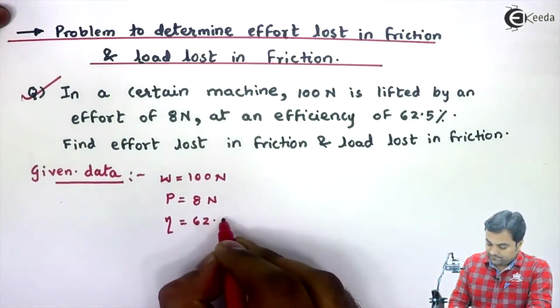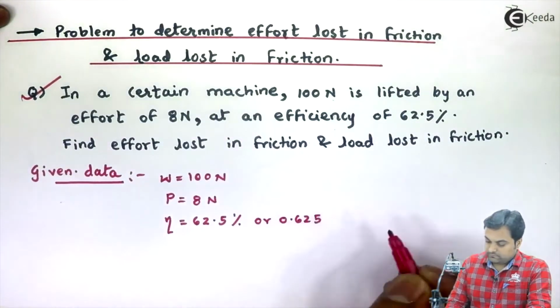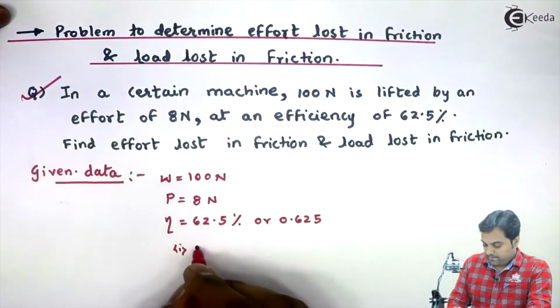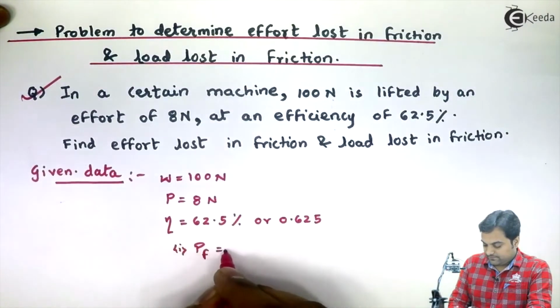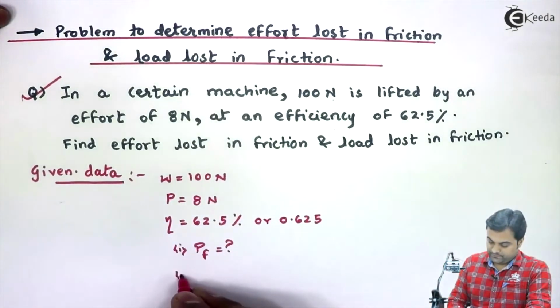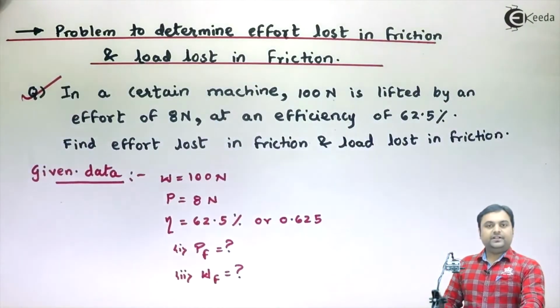Efficiency is given. Find effort lost in friction, that is P suffix F, and load lost in friction, W suffix F. So this much is the data.